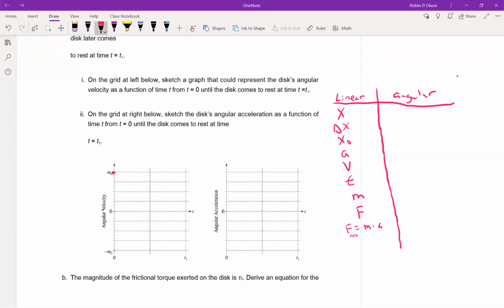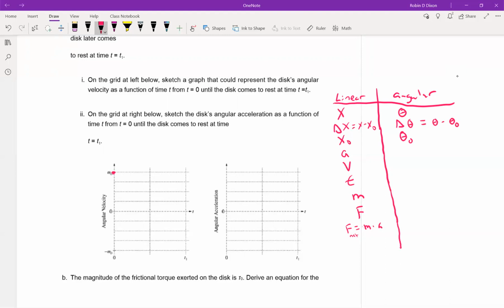Okay, cool. For angular things, it's not position, it is the angle theta. It is not initial position, it is the initial angle. It's not linear displacement, it is angular displacement. That is delta theta, and if linear displacement is x minus x naught, this must be equal to theta minus theta naught.